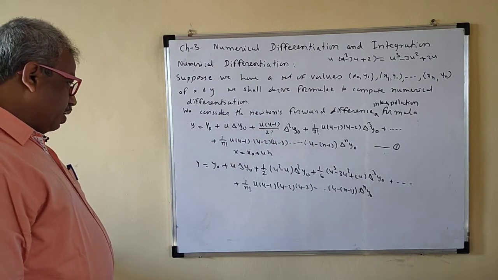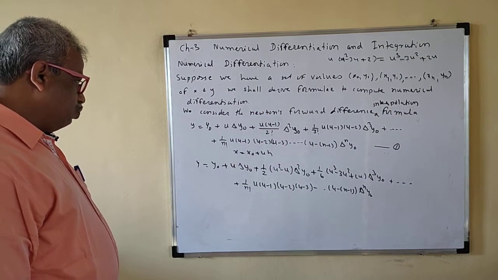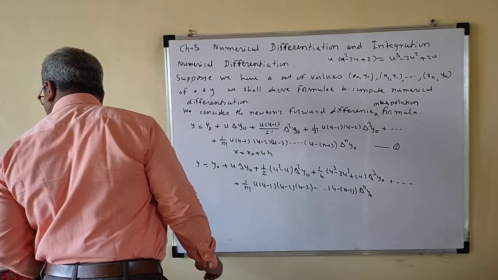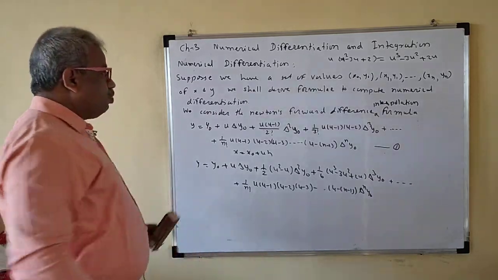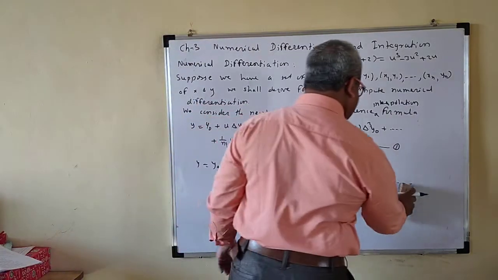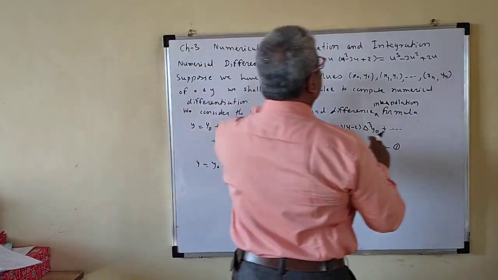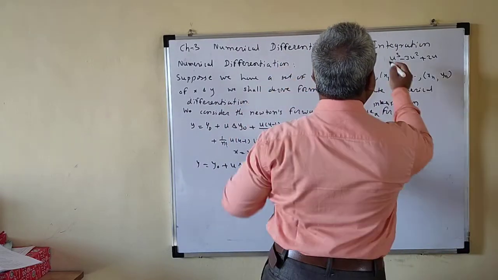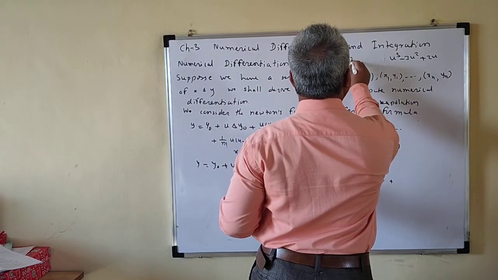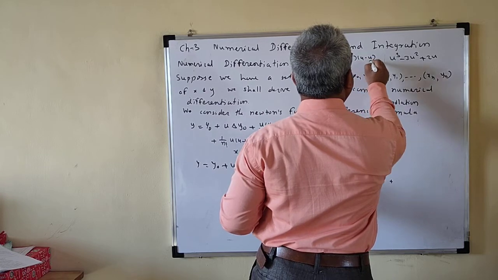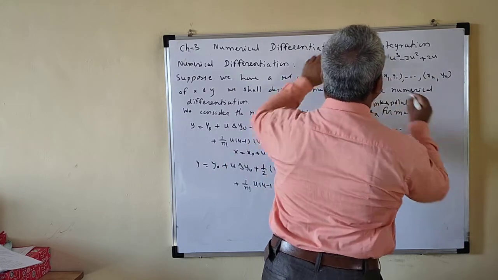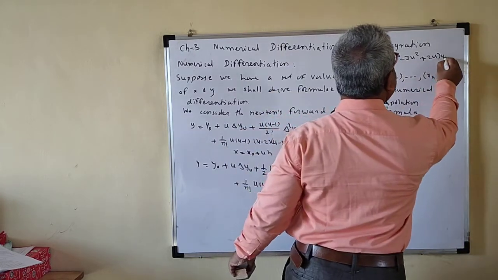So before that, we will find one more term. We just write here, see, this is u minus 1, u minus 2. Now I multiply by u minus 3.